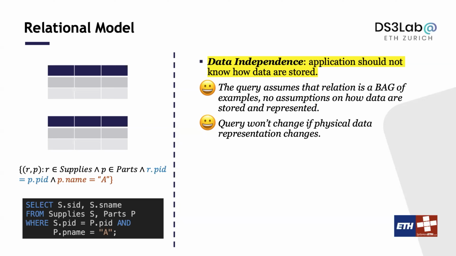And that is why it becomes data independence. Even if I reshuffle how the data are stored within a single relation, your query doesn't need to change, because when you write the query, you are not using that piece of information.